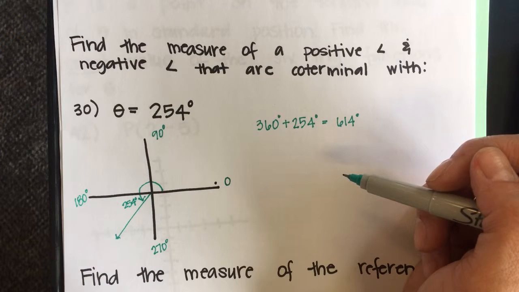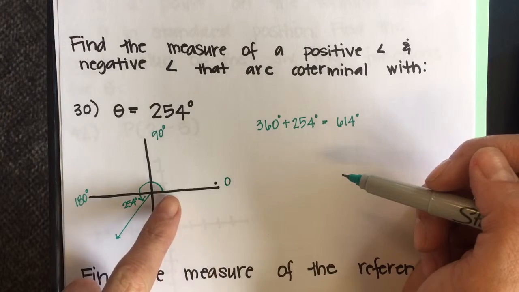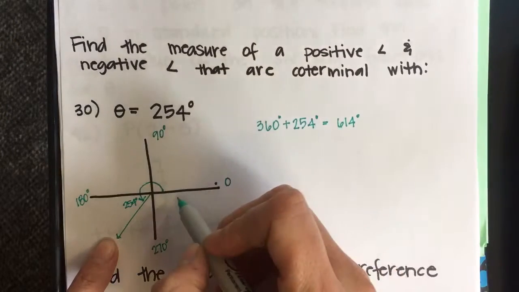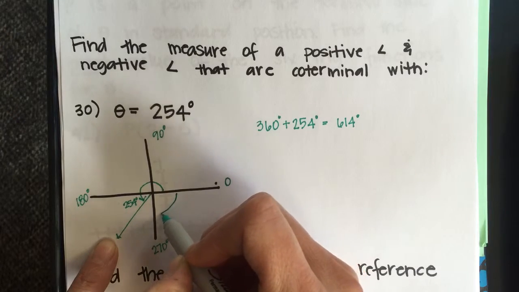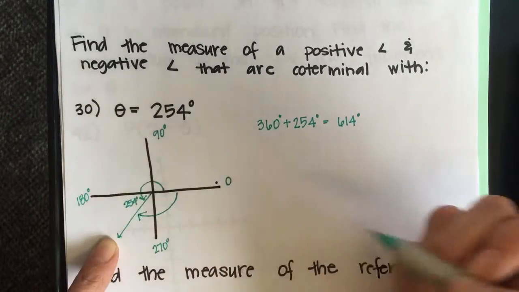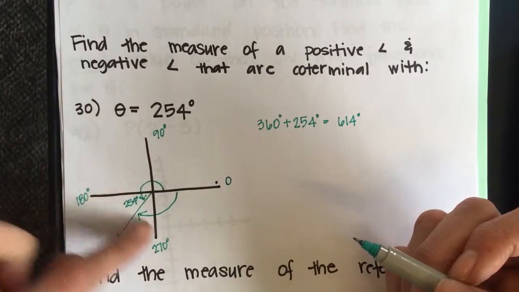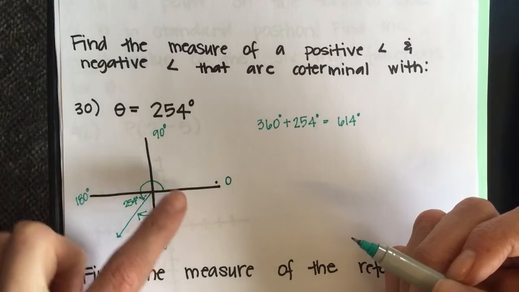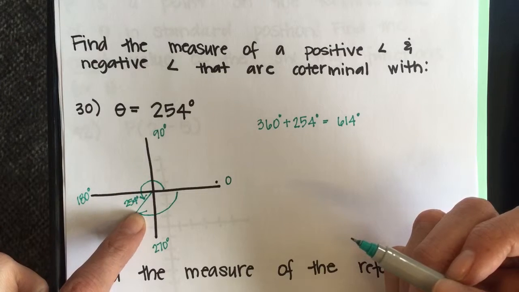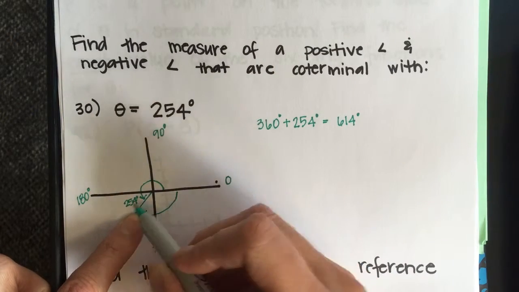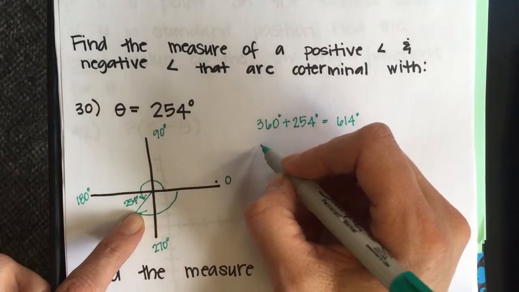So to find the negative coterminal angle, this one we would want to go backwards. So if we went backwards, all the way around would be 360. So if you know that all the way around a circle is 360 degrees and this is 254, then to find the difference we would subtract it from 360.